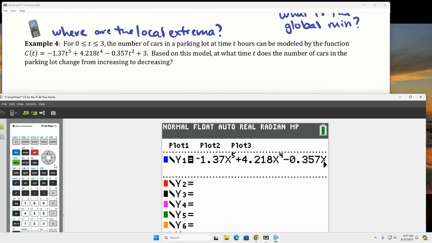All right, so after you get that typed in, we're going to change the window a little bit. And so we're only looking from where t is 0 to 3.